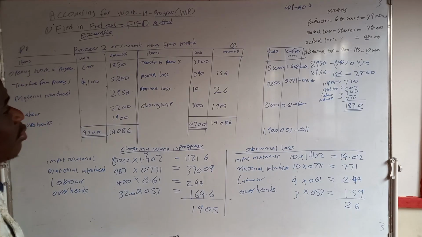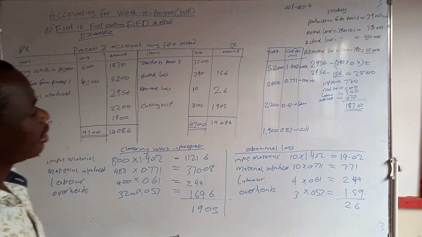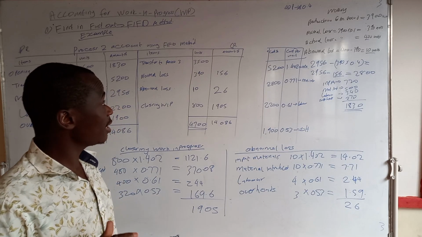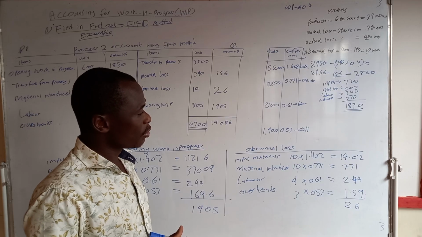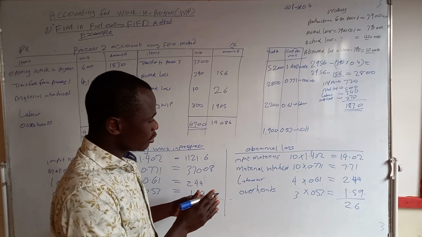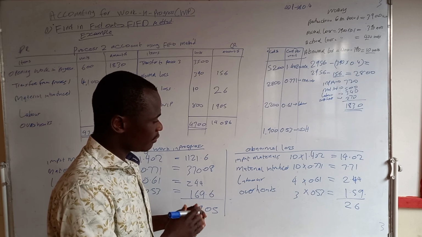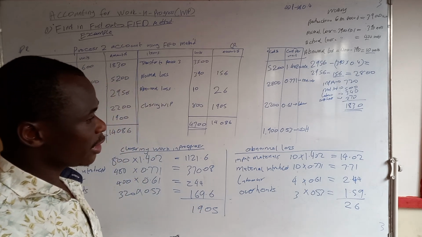Someone might ask, why could we not use this? We cannot use it because the method we are using here is FIFO. We take the value of what came in first, what followed, and what followed, step by step.